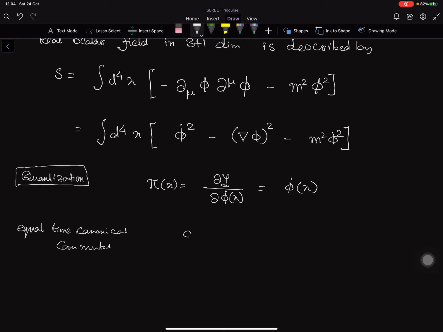So which is simply, let's take [φ(x), π(x′)] equals iħ δ³(x minus x′). So these are the spatial vectors, x vector and x prime vector. These are spatial components.